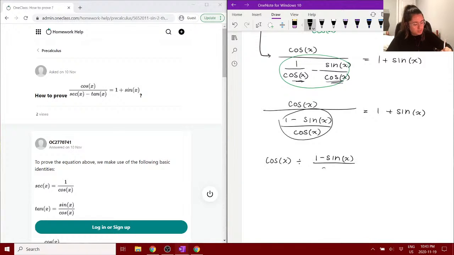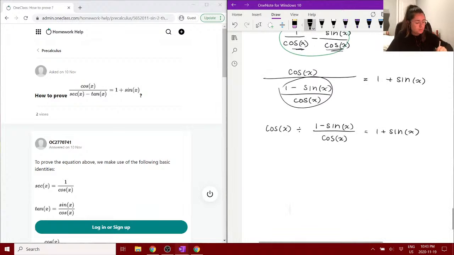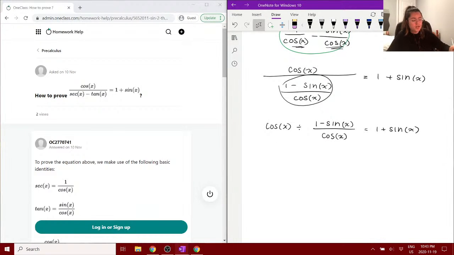So we have the same thing that we've seen here in the denominator, just as the divisor. So 1 minus sine x divided by cos x is equal to 1 plus sine x on the right-hand side, which is the same. And when you have a fraction that is being divided like this, we can change it into being multiplied by the reciprocal.